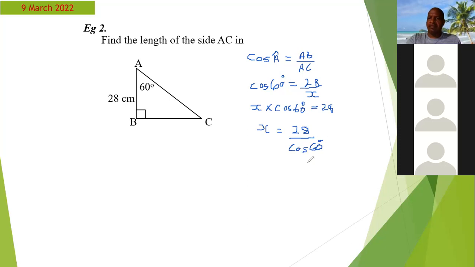All right, so before you divide, you need to work out what the cos of 60 is. It's supposed to be 0.5. So now you would have 28 divided by 0.5.